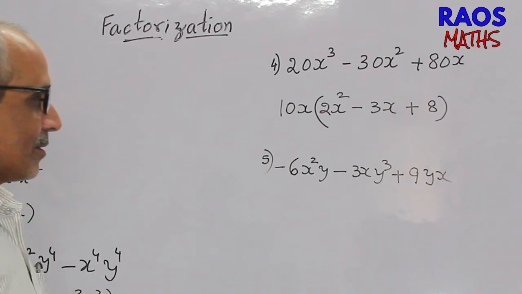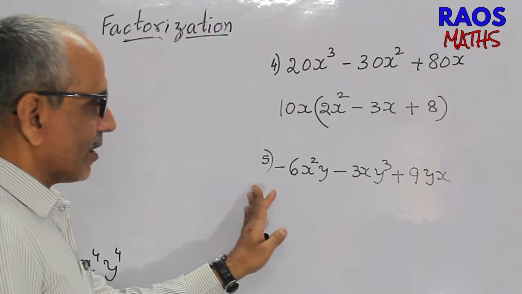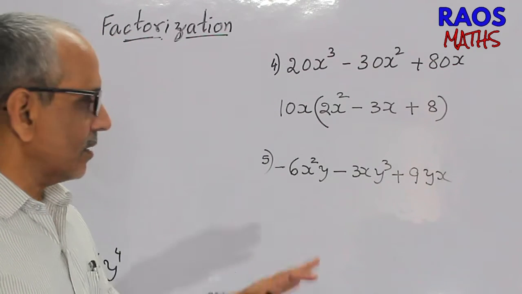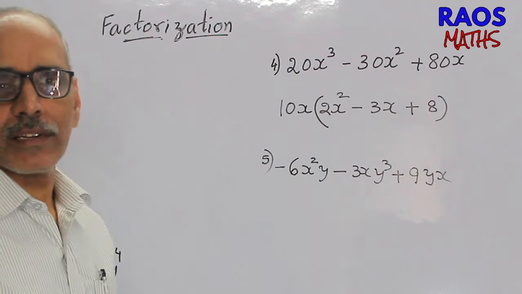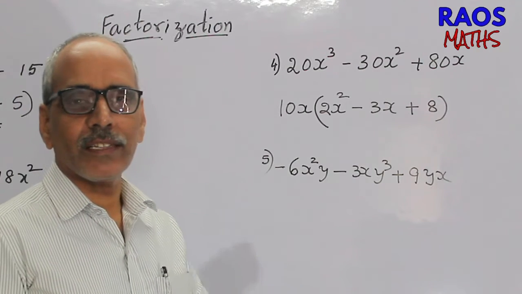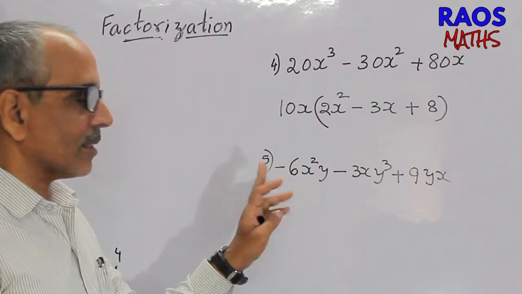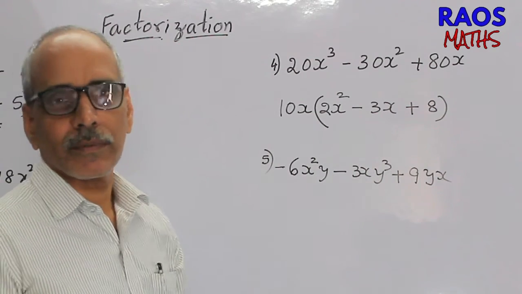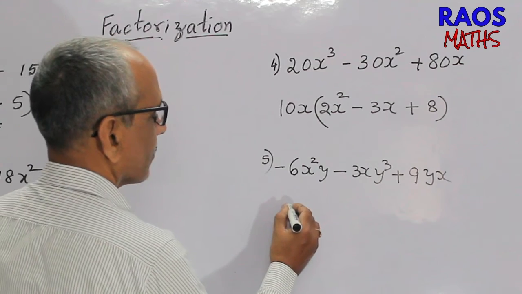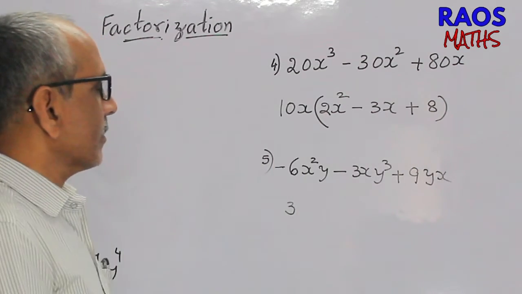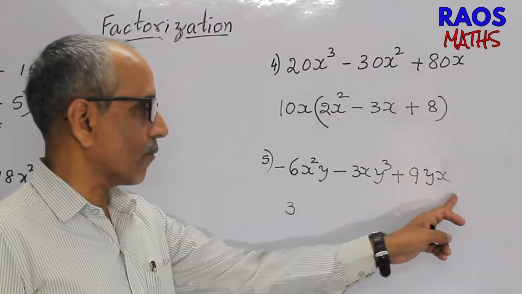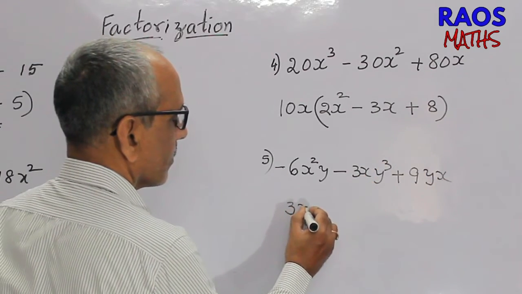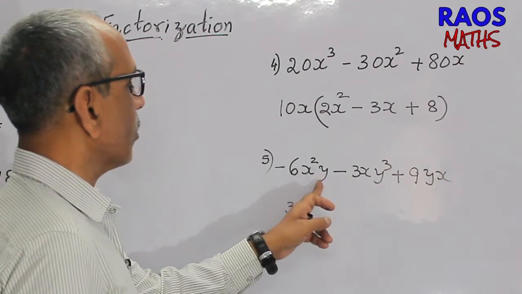There's no need to be confused. What are the common factors for all the coefficients? Of course, 3. Irrespective of the sign of the term, the common factor for 6, 3, 9 is 3. That is a basic observation. And for x, the least power, of course, is x power 1. And the least power of y is only 1.